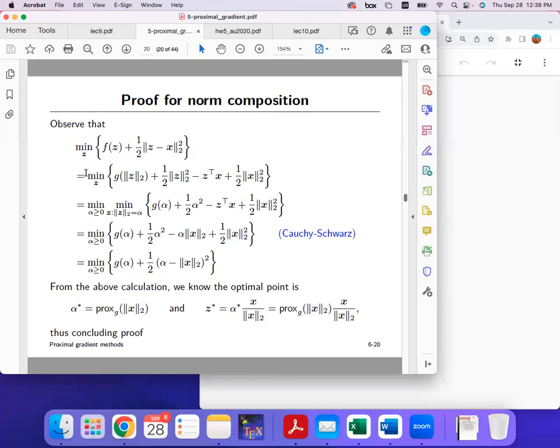Previously we were minimizing over the vector z, but now by introducing this auxiliary variable, we are minimizing over alpha such that the L2 norm of z equals alpha.